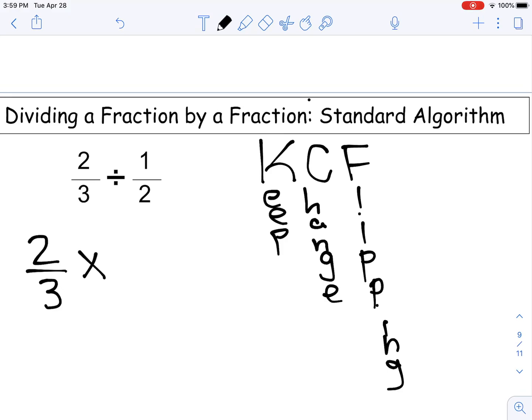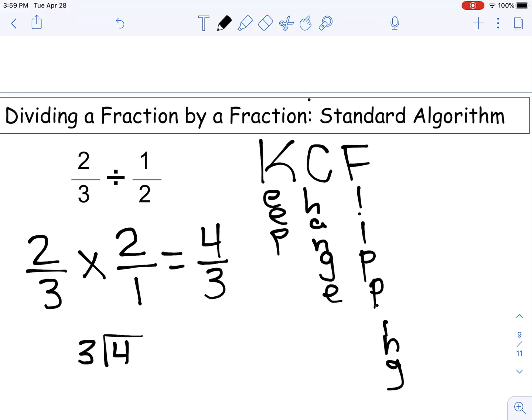Change that sign to multiply, and then take the reciprocal, or flip, the second fraction. So now my 2 is my numerator and my 1 is my denominator. Now it's just multiplication. Top times top, bottom times bottom. 2 times 2 is 4, 3 times 1 is 3. Again, ask your simplifying questions. First one, is top bigger than bottom? Sure is. So I'm going to divide, and I get 1 whole, 1 left over out of 3.